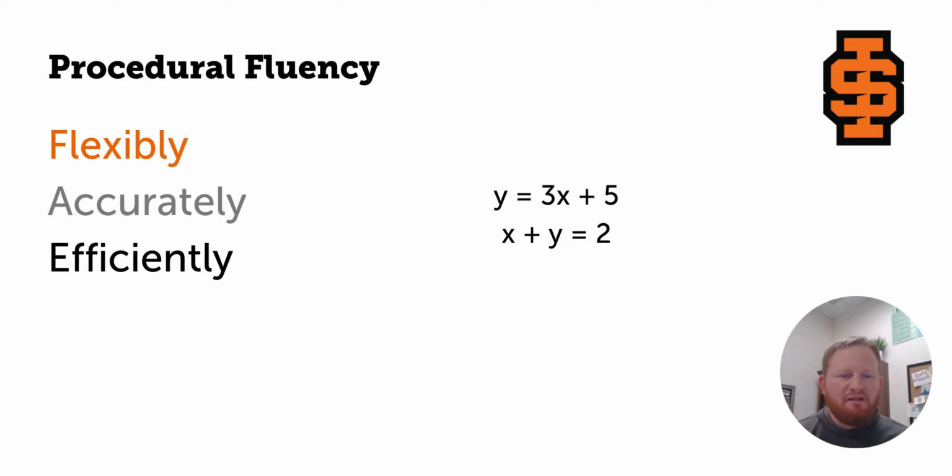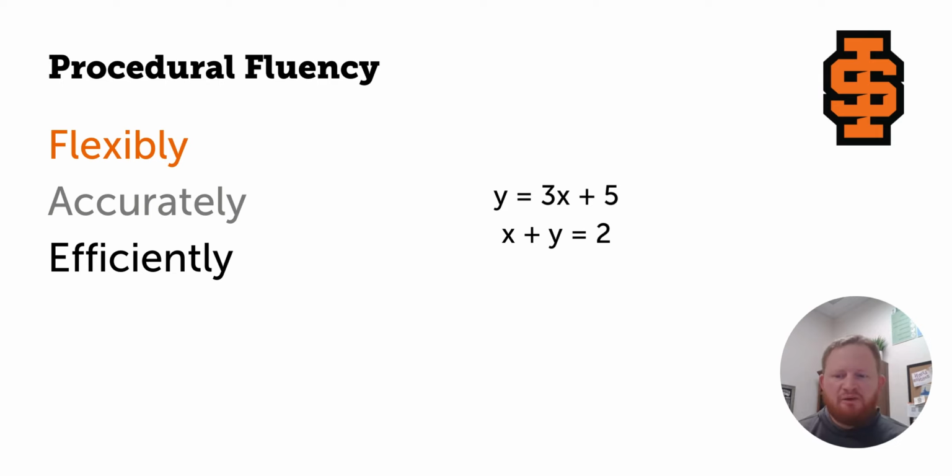So what does it mean for a student to do math flexibly, accurately, and efficiently? As a point of clarification, this does not only relate to making calculations. We usually think of procedural fluency as making some simple calculations. This also applies to solving problems. Take, for example, solving a system of 2 linear equations.